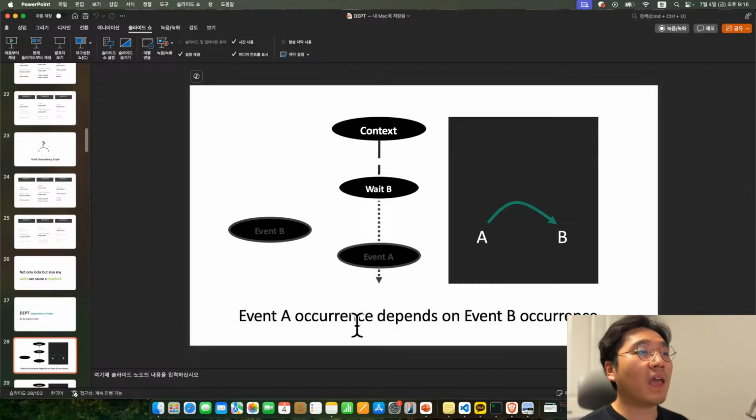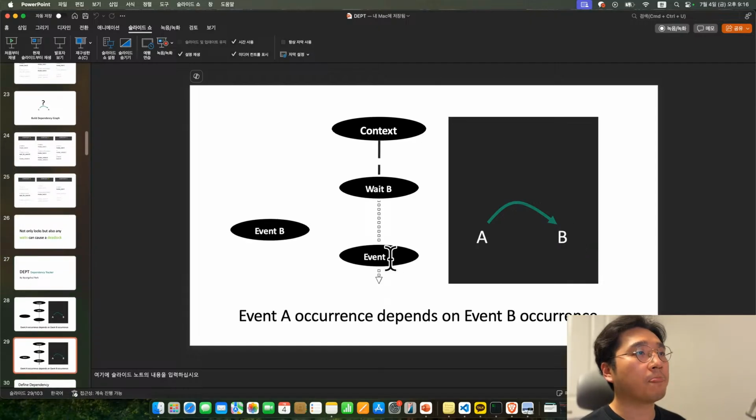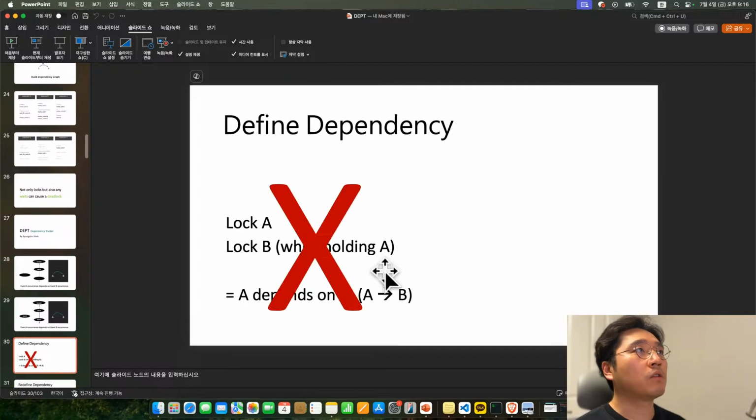When event A's occurrence depends on event B's occurrence, we draw a dependency graph from A to B, right? So if event B occurs from this point, event A can occur, right? So we need to redefine them.